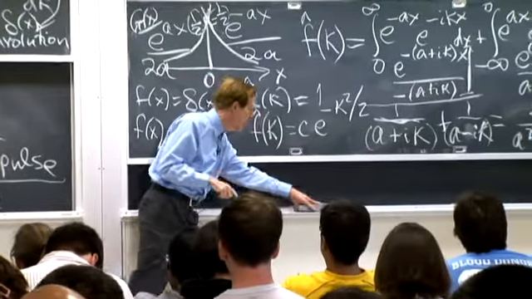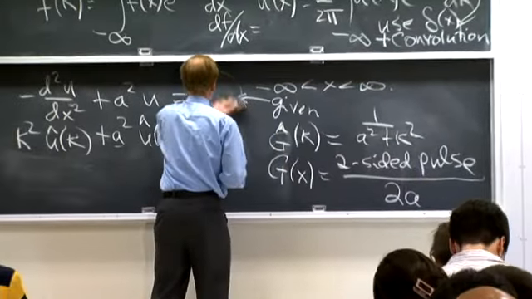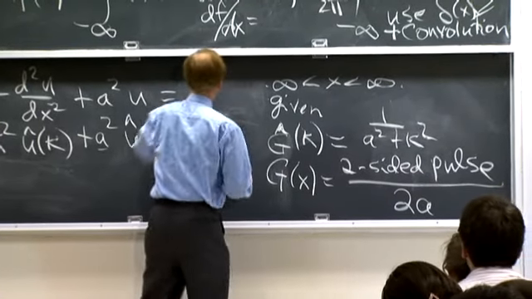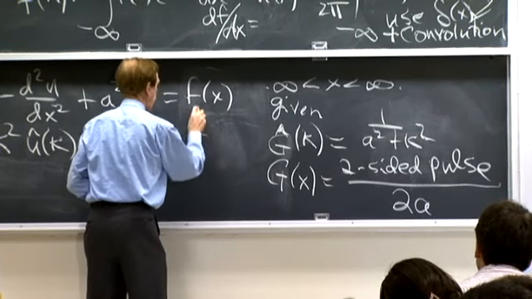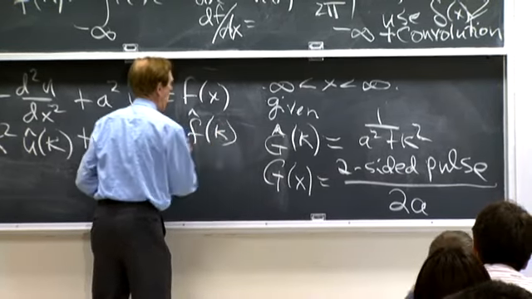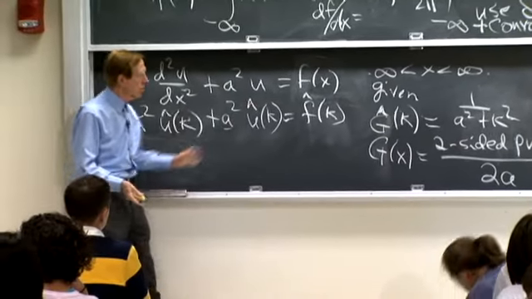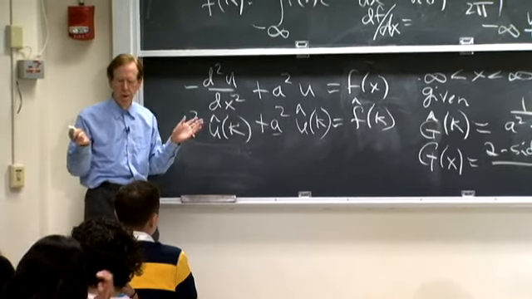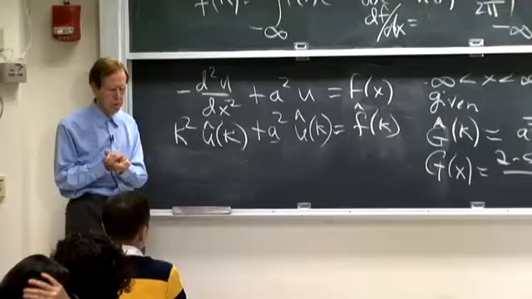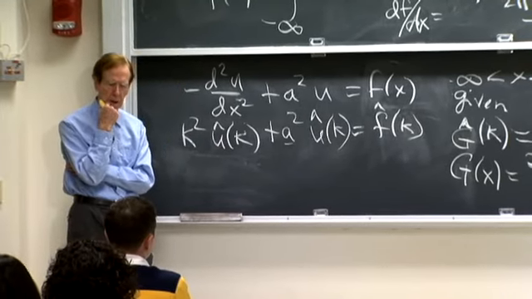So let me go back to an f of x on the right. And then there's an f hat of k after the transform. How can I use the Green's function for a general source term, a general load? Right. This is a fundamental idea.